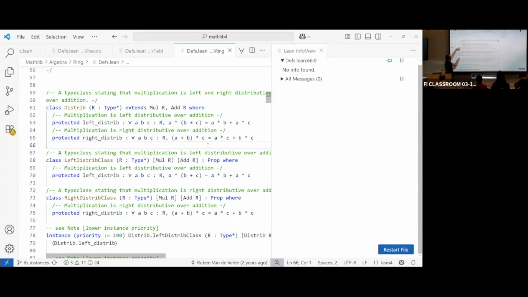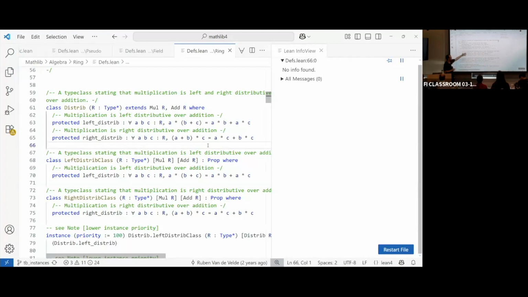Whereas here, if you wanted to prove that your fancy object was a LeftDistrib, you would first have to prove that it's got addition and multiplication, and only then could you even talk about it being a LeftDistrib. So it's a slightly different choice. Sometimes you have these things baked in where you can provide them all at once. Sometimes you have to provide them first. So there are reasons to make these choices.